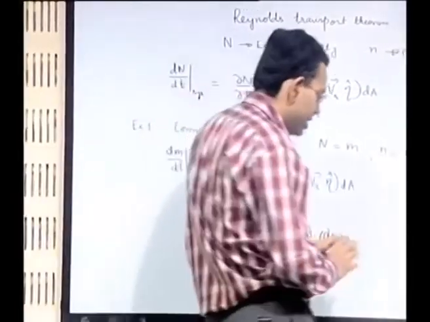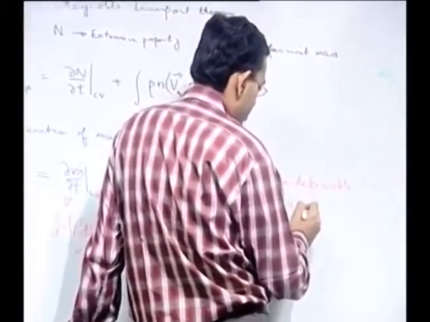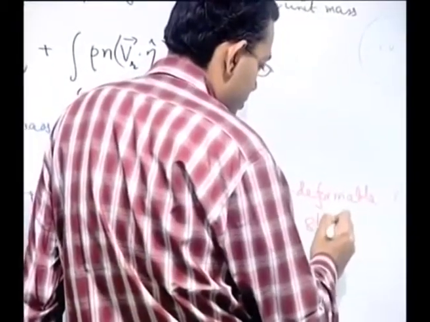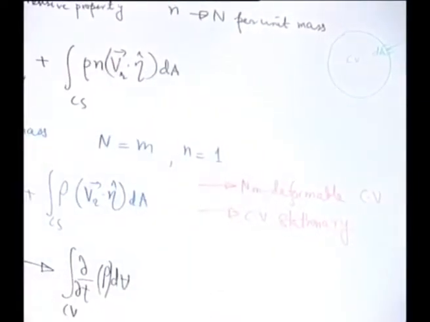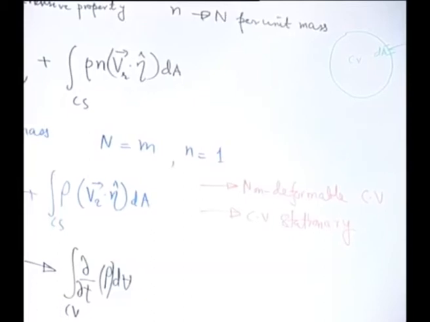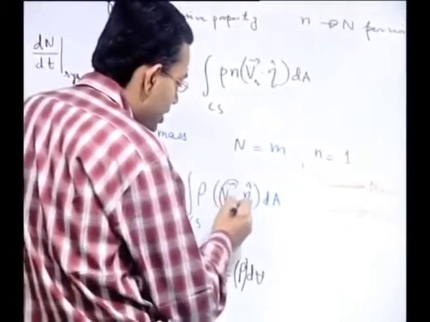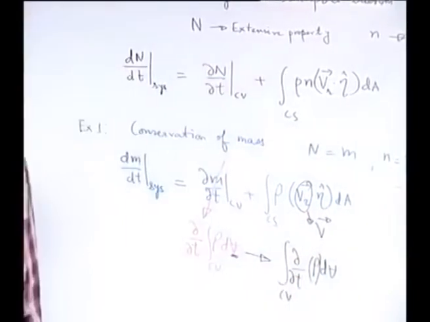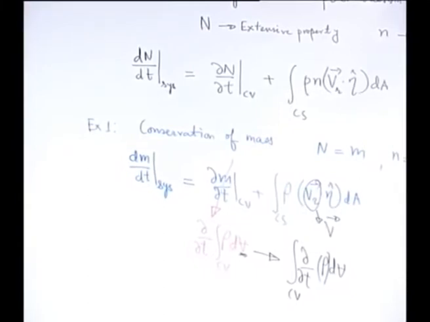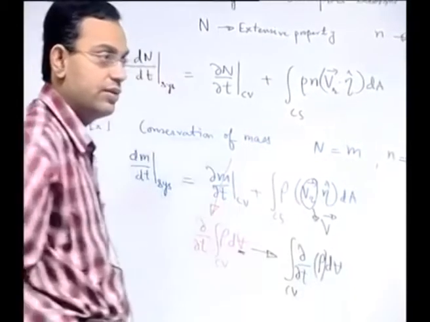Then next we consider the control volume to be stationary. When the control volume is stationary, what it means is that the relative velocity of fluid is same as the absolute velocity, because Vr is velocity of fluid relative to the control volume. Since the control volume is stationary, it is same as the absolute velocity.